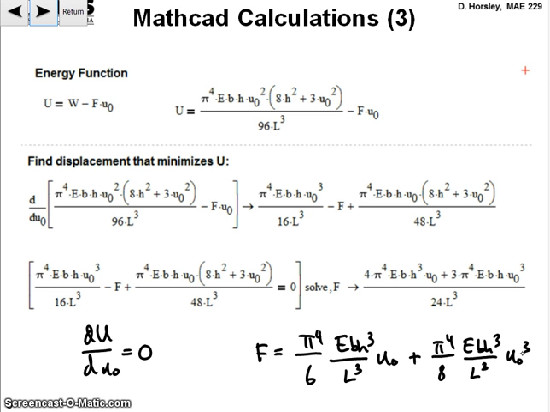Okay? So I think I get everything correct in there.